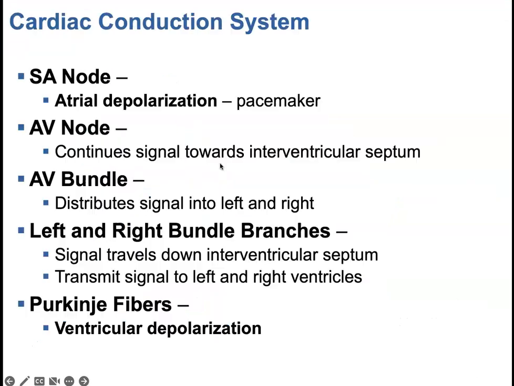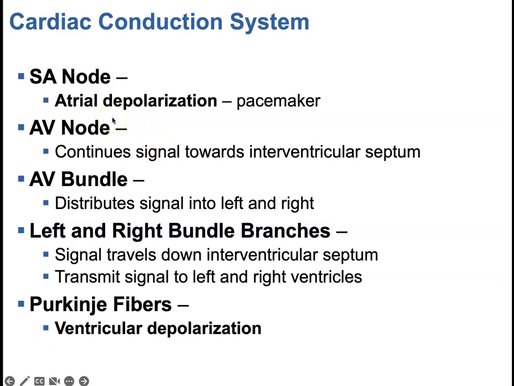So, our order: SA node to AV node to the AV bundle or bundle of His or junction, and then down the left and right bundle branches, and then up the Purkinje fibers. What you need to understand is that the SA node is going to trigger the atrial depolarization.